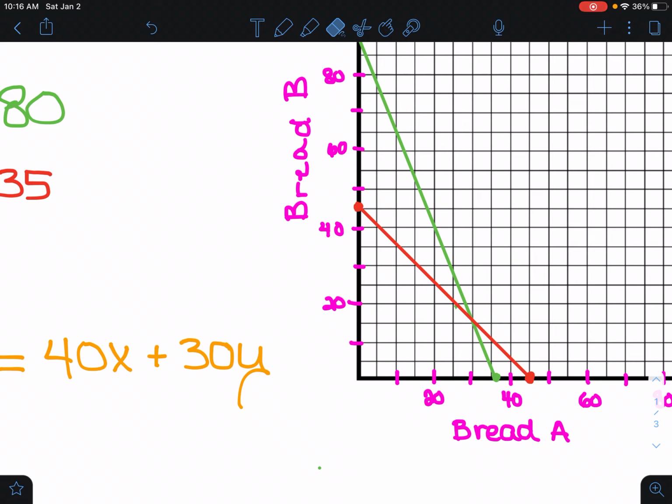Okay, and then we are going to shade this. Okay, this region right in here. Okay, so this is my solution region. Any point in here is going to work for the Yum's Bakery.